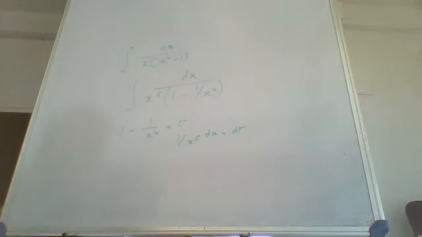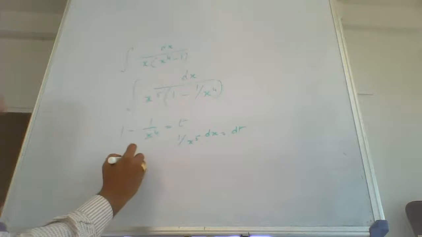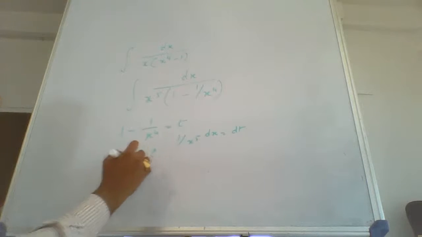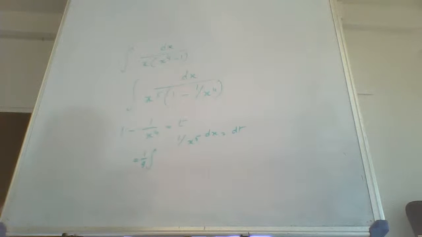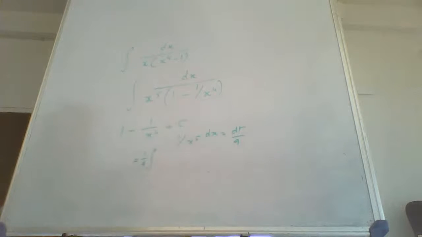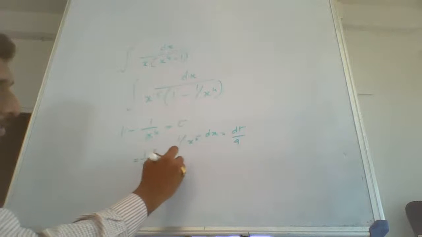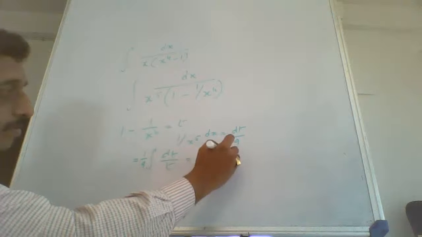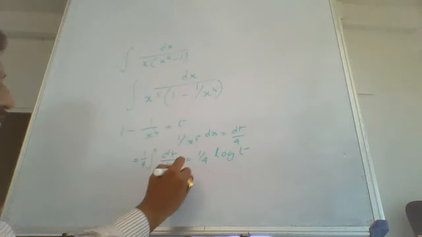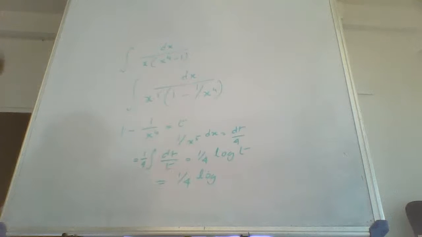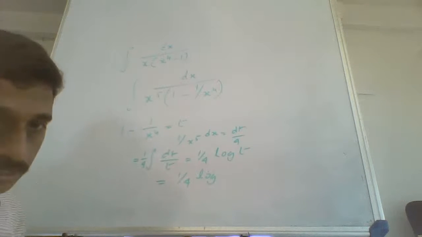Now let us substitute all those which I have said. So this is integral dt by 4, and we have t on the other side. So it is 1 by 4 dt by t. So this will be 1 by 4 log t, which is 1 by 4 log of 1 minus 1 by x power 4. You are able to see the last part?